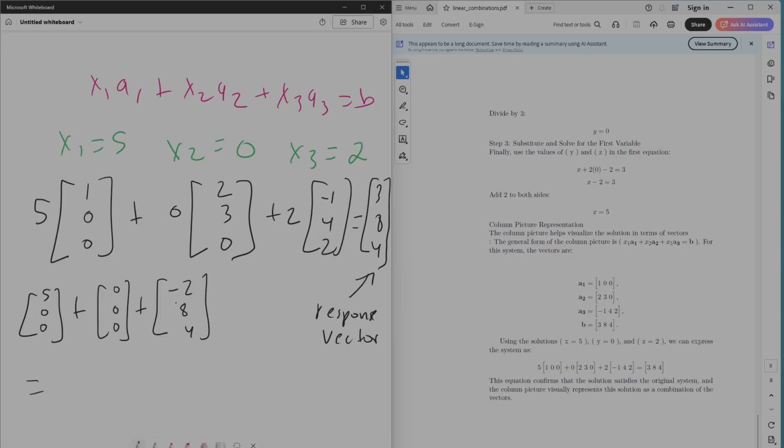Now, the first entry should be equal to 5 plus 0, so it will be 5 minus 2, which is equal to 3. So this should be equal to (3, 8, 4). Let's see if that's the case. The left side is going to be 3, then 0 plus 0 plus 8, that's going to be 8, and then 4. So (3, 8, 4) is equal to (3, 8, 4). So we check out, we have the right linear combination.